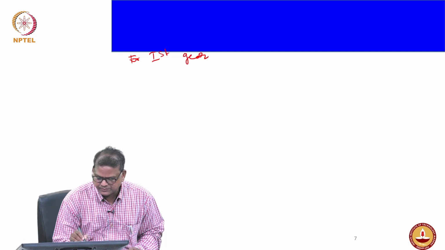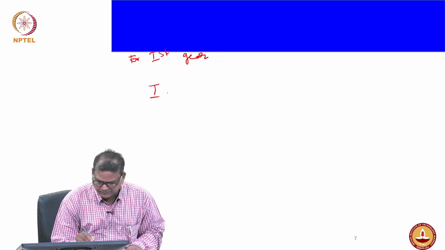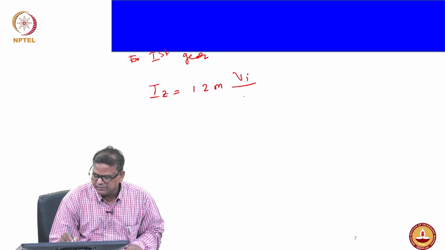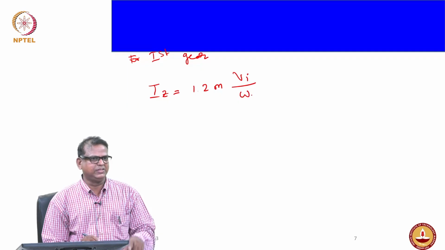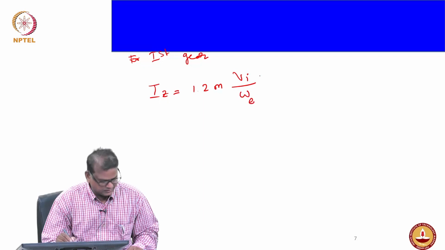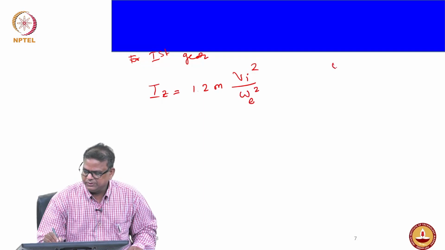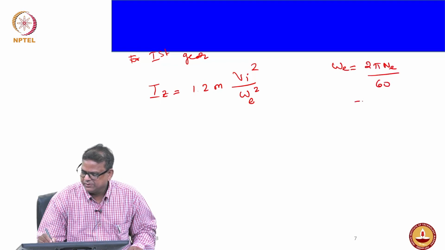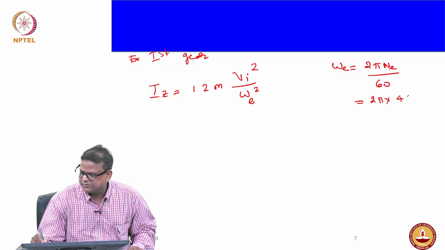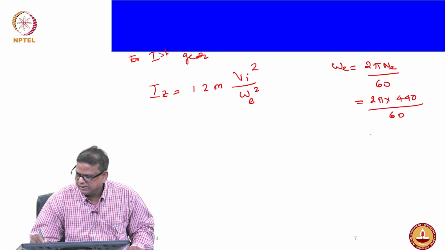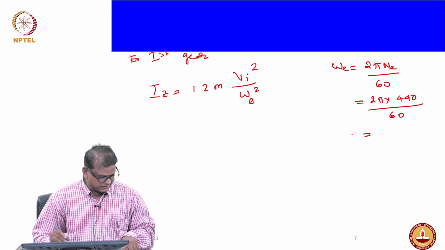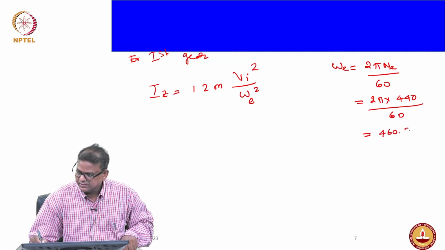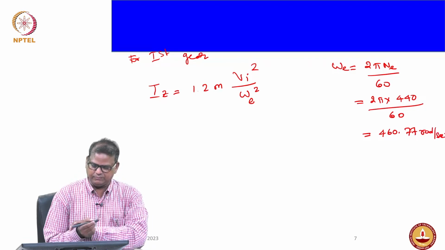We have to find out Iz, the moment of inertia, 1.2 m VI squared over the engine speed squared. So, what is the engine speed? 2 pi Ne by 60. So, 2 pi into 4400 by 60 should give me 460.77 radian per second. This is the way you got it.